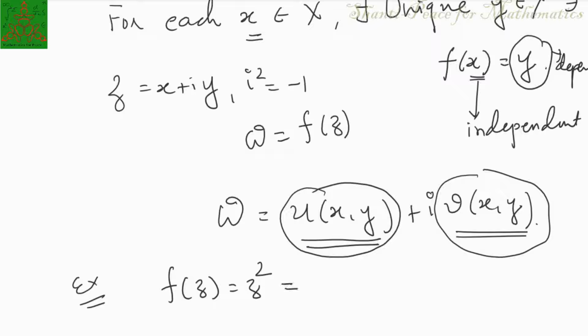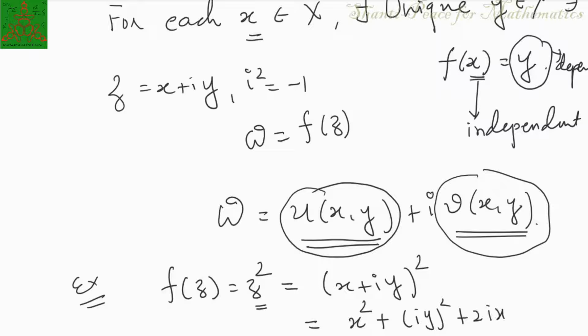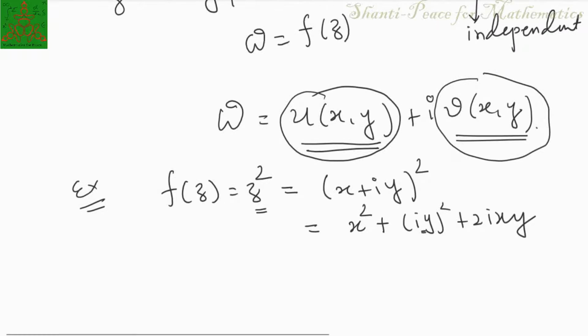For example, if I consider the function f of z equal to z squared, then if I substitute z equal to x plus iy, we have (x plus iy) squared, which simplifies to x squared plus i squared y squared plus 2ixy. You know that i squared is minus 1, so we can write this as x squared minus y squared plus 2ixy.